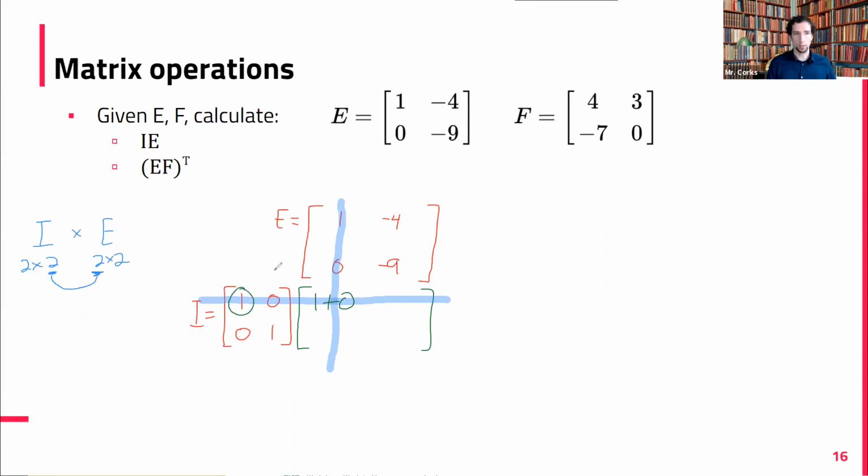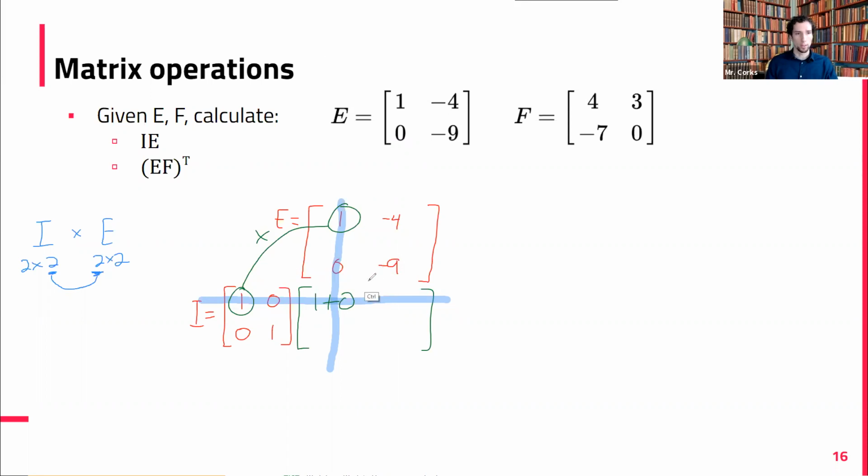So 1 times 1 plus 0 times 0. That is our process for matrix multiplication. So multiply each of the matching things, and then at the end, add them all up. And then all of that is just one position.